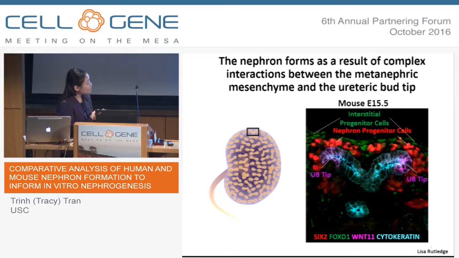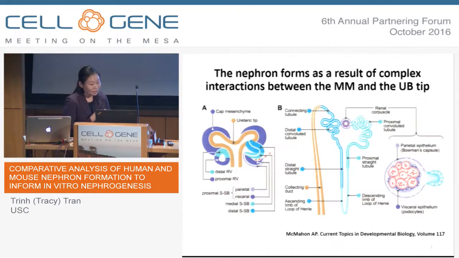The nephron progenitor cells interact with the interstitial progenitor cells and the ureteric bud tip and become induced. These induced cells will give rise to the aggregates underneath the ureteric bud tip. These induced cells will further mature to become the renal vesicle, now polarized into distal and proximal segments.